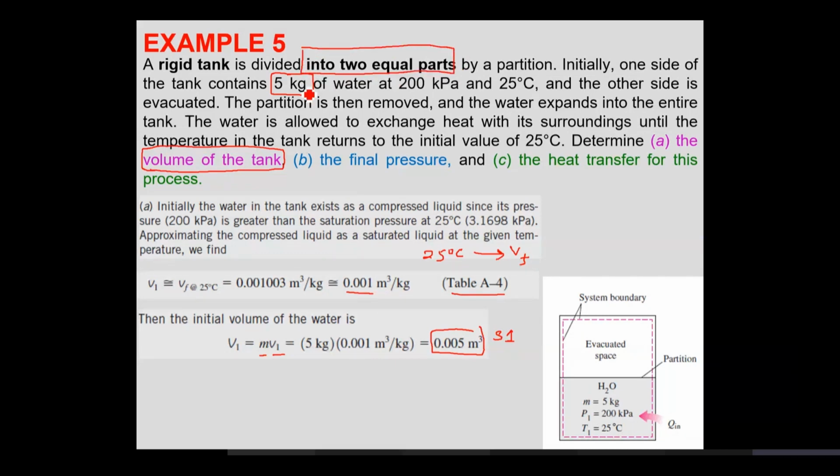Does this information give you any help? A rigid tank is divided into two equal parts by a partition.